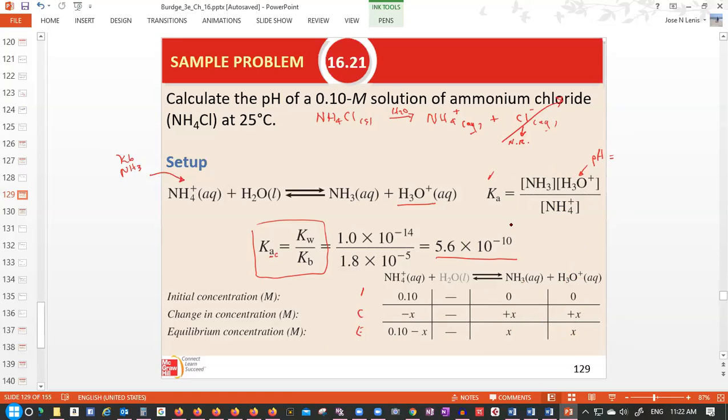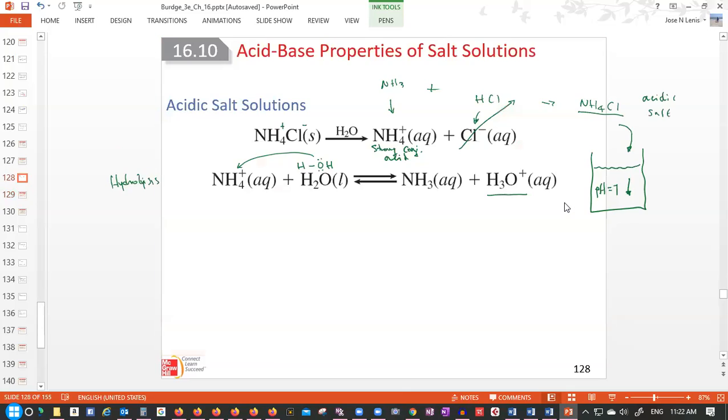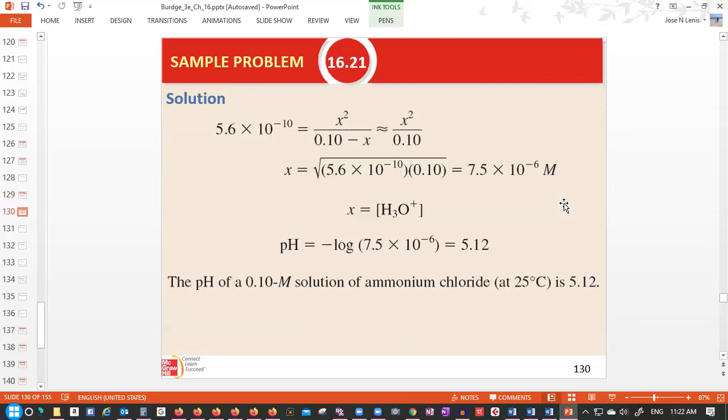And we solve. We plug these equilibrium concentrations into this expression and find X. Like that. Also, we do the approximation to avoid the quadratic equation, find X, which is 7.5 times 10 to the negative 6 molar. That is the concentration of H3O+, therefore we can plug that number directly into the pH definition to find the pH equals 5.12.